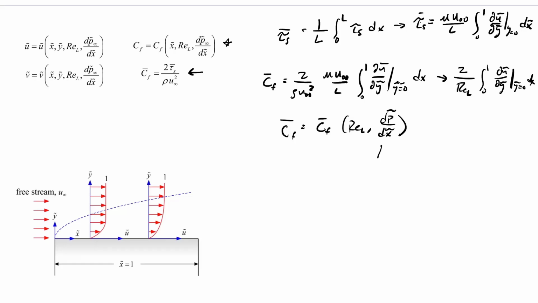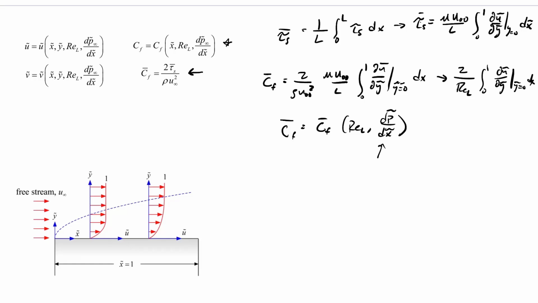I mentioned this dpdx is for a given geometry. What this means is that I'm solving this equation for the boundary layer, where all the action is happening. But the dpdx term actually comes from the inviscid flow region outside the boundary layer.